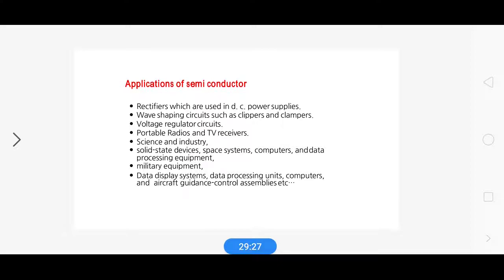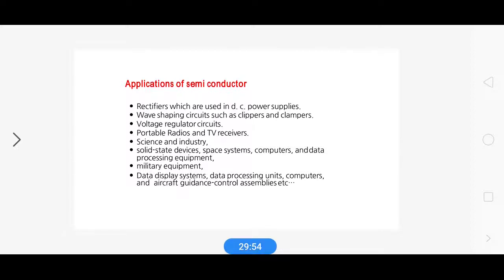So, semiconductors are used for rectification purpose, means conversion of AC to DC. And wave shaping circuits, such as clippers and clampers. Wave shaping circuits means in clippers as well as in clampers.